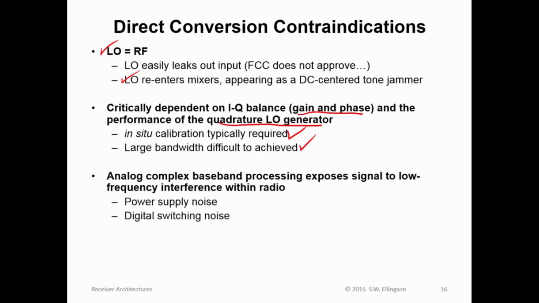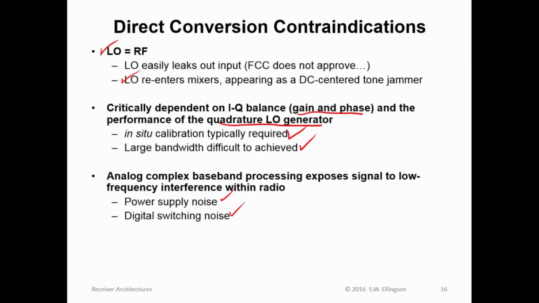Analog complex baseband processing exposes the signal to low frequency interference within the radio. There is tons of low frequency interference within a receiver. For example, modern power supplies produce tons of noise at frequencies not too far from DC. Furthermore, everything that's digital tends to produce a lot of noise.